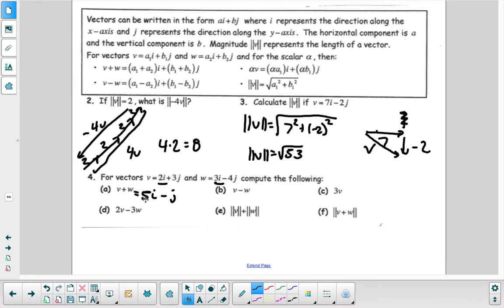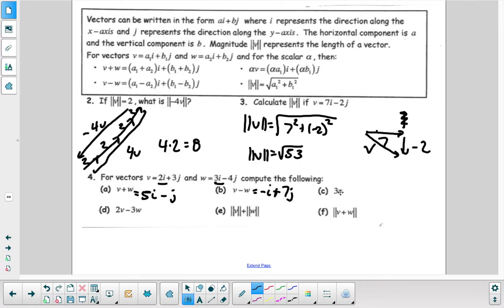So this is v plus w. v minus w is taking the i's and subtracting. Order matters here, so 2 minus 3 is negative 1. So this would be negative i. And then 3j minus negative 4j is 7j. And this is v minus w. Both of these are still vectors, so careful.